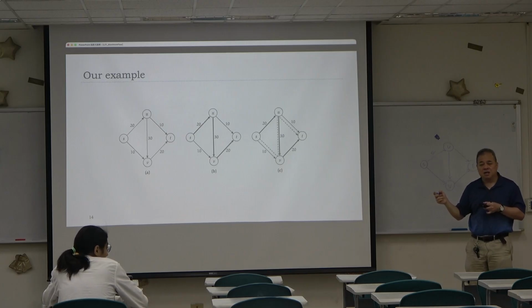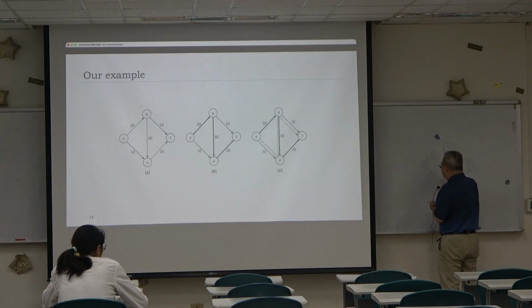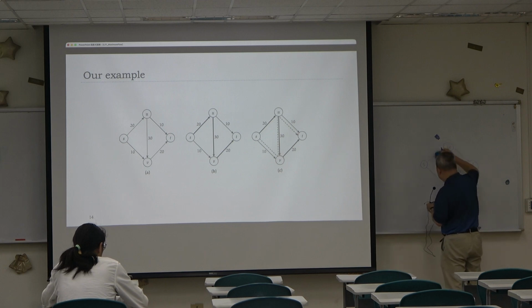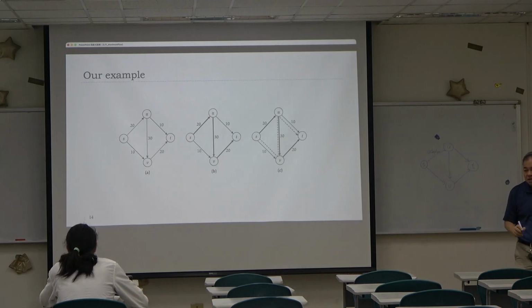Then the forward flow is 20, and because we have three numbers, this is a flow from S to T. The back flow is negative 20.